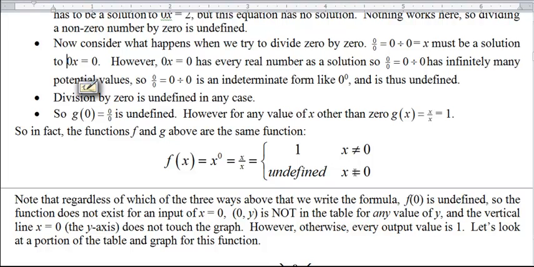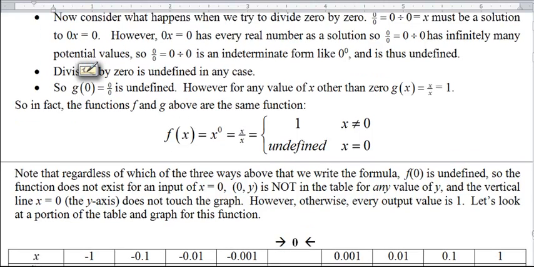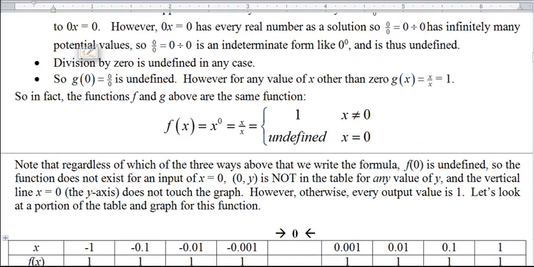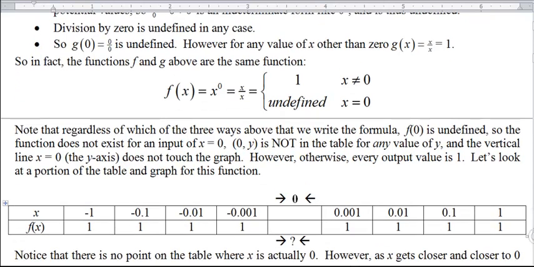However, otherwise, every input is 1. So if we let x's get close to 0, but not 0, we're looking at x's like negative 1, negative 0.1, negative 0.01, negative 0.001, getting closer and closer to 0, but not being actually equal to 0. Or from the right side, 1, 0.1, 0.01, 0.001. So the x's are coming in here close to 0, and what are the y's? Well, this function, every y is 1, where it's defined, and so certainly the y values are getting closer and closer to 1.